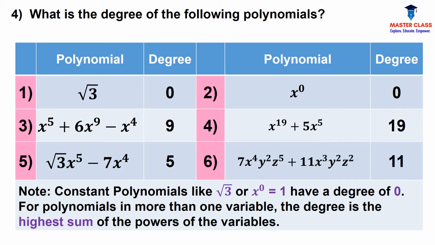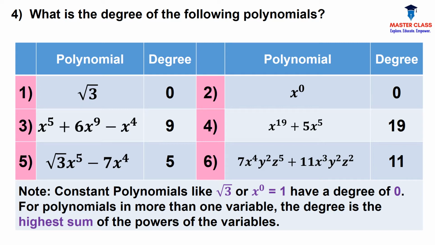We now come to the last polynomial, which is 7x raised to 4 y squared z raised to the power of 5 plus 11x cubed y squared z squared. This polynomial has variables in x, y and z. To find the degree of this polynomial, we must find the term in which the sum of the exponents is the highest.